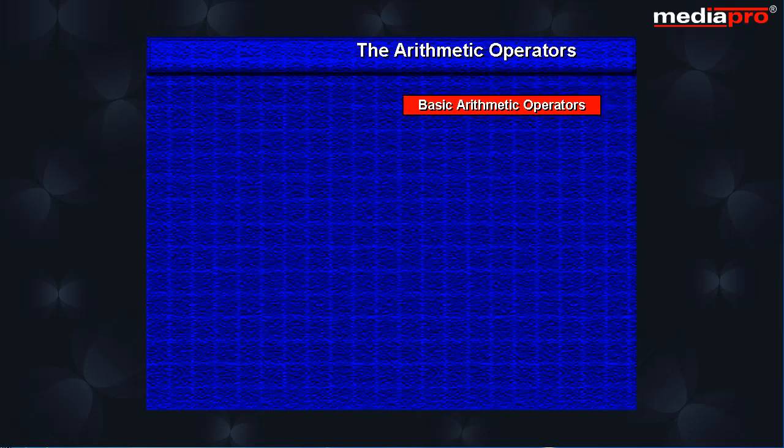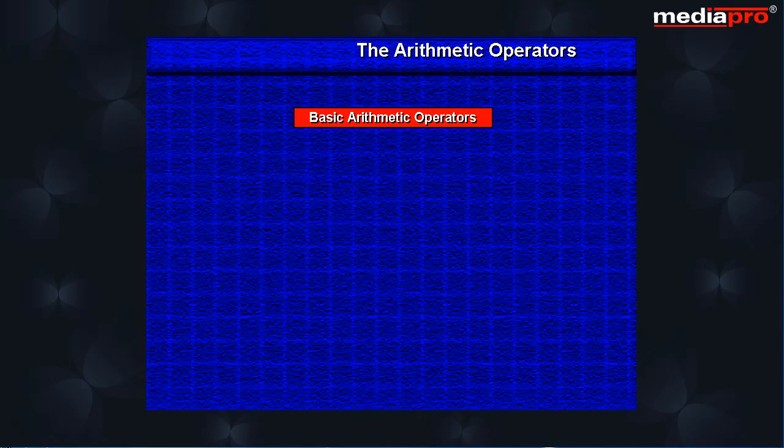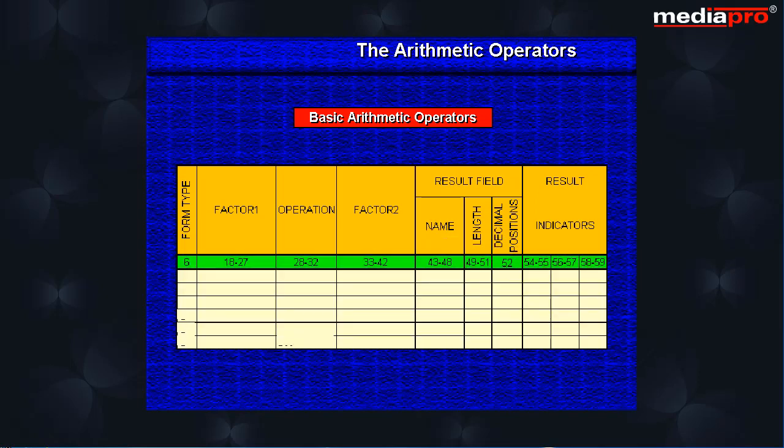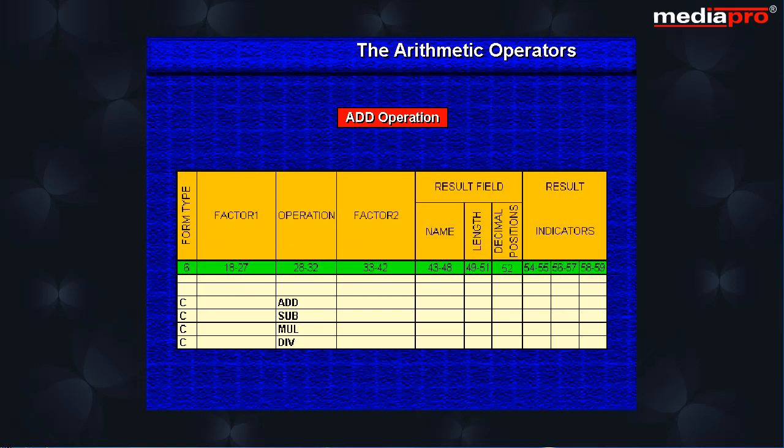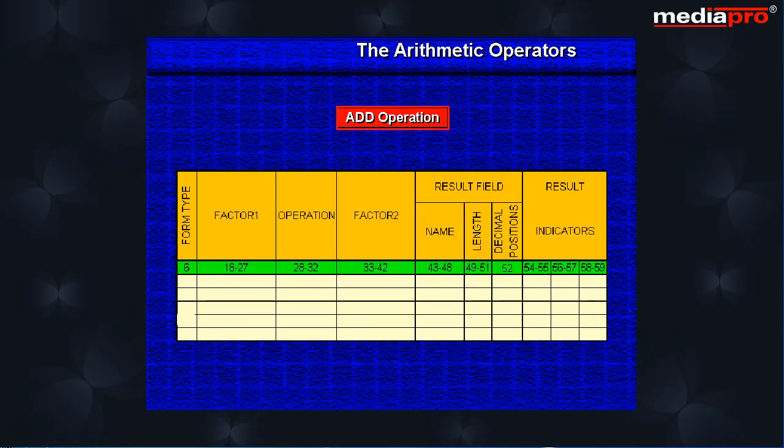First, let us look at the basic arithmetic operators supported by RPG 400. We have add, subtract, multiply, divide. Let us look at the add operation.